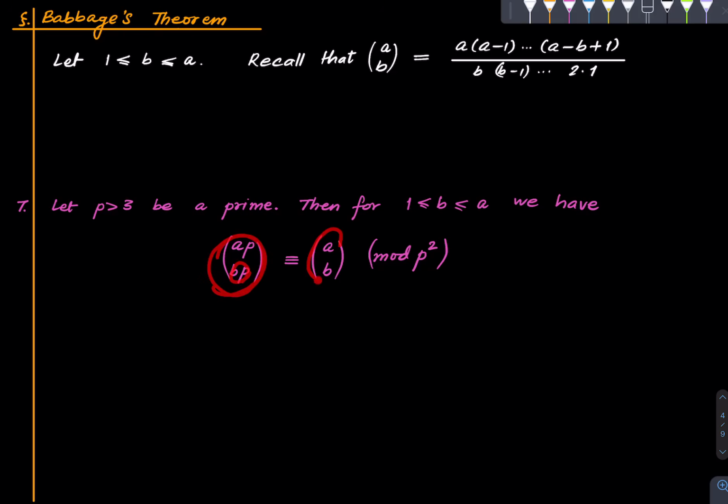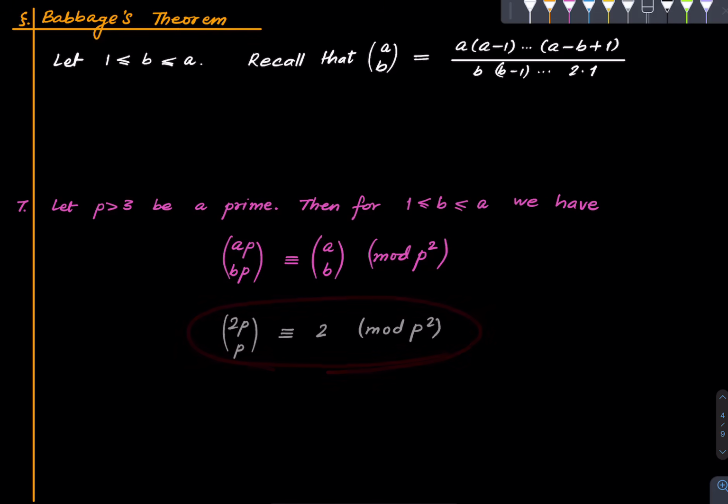In particular, this shows us that 2p choose p is congruent to 2 modulo p squared. This is not obvious, and you can play around with this, substituting values in place of a and b, and you can get very non-trivial congruences.